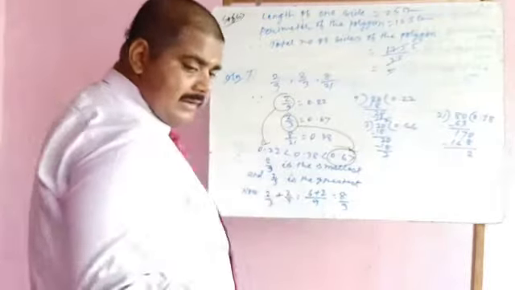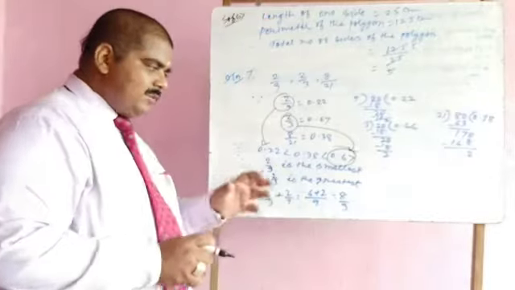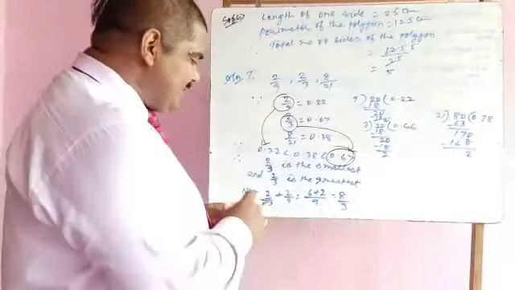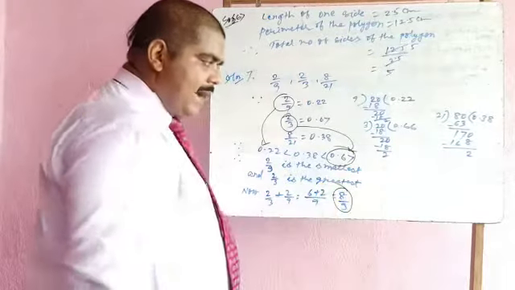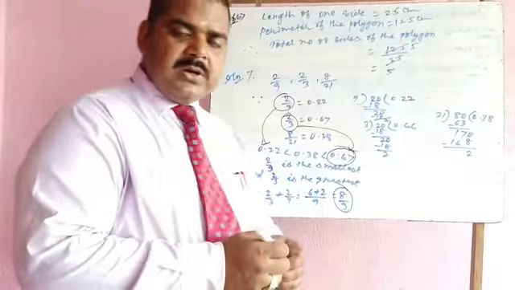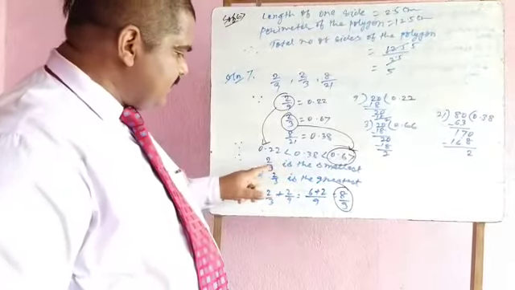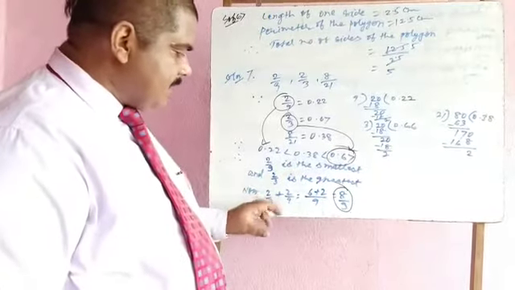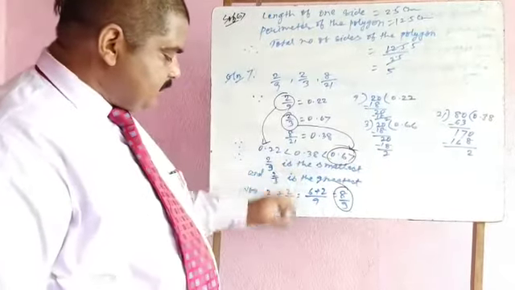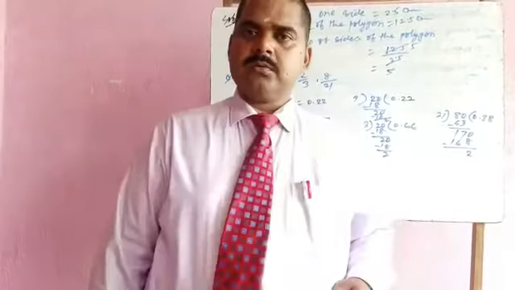In the question it is given that you have to add the smallest with the greatest, and on addition you get 8/9. So in this question you have to write 3 answers. First, smallest is 2/9, greatest is 2/3, and the sum of these 2 fractions is equal to 8/9.